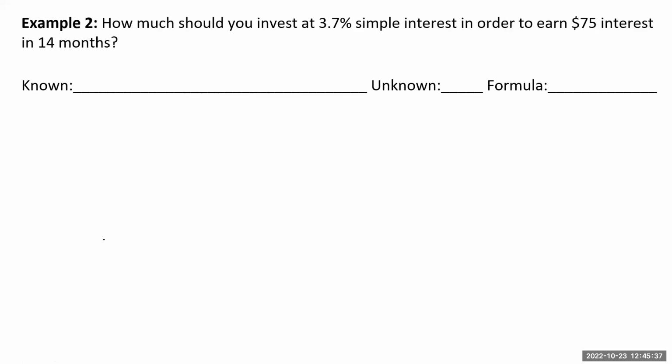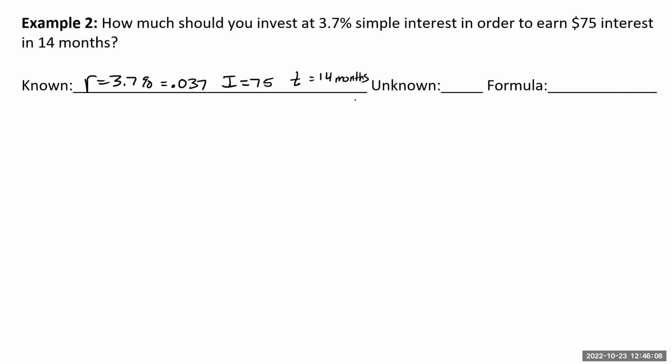All right, so let's take a look at another example here. This time you want to know how much you should invest at 3.7% simple interest in order to earn $75 in interest in 14 months. All right, so we know our interest rate. Our interest rate is 3.7%, which as a decimal is 0.037. We know that we're going to earn $75 in interest, so that means I equals 75, and we know our t value is equal to 14 months.